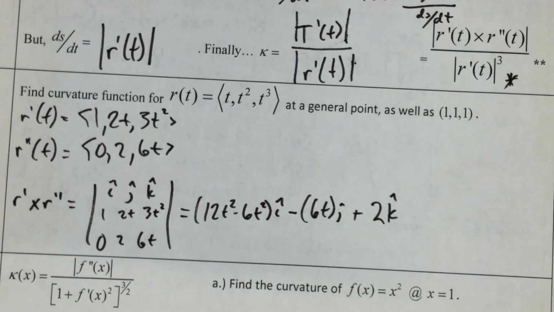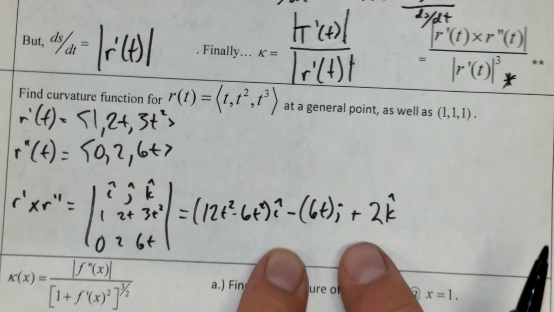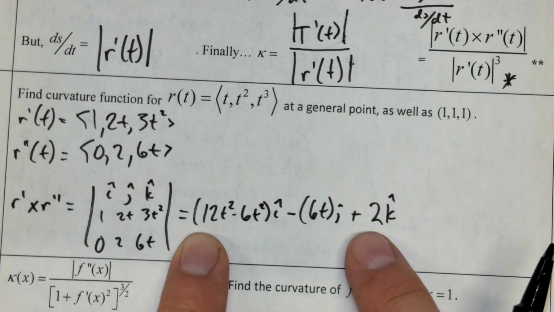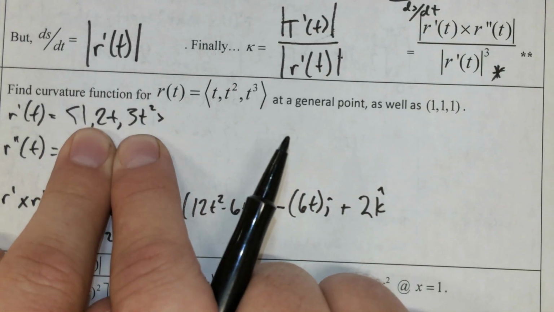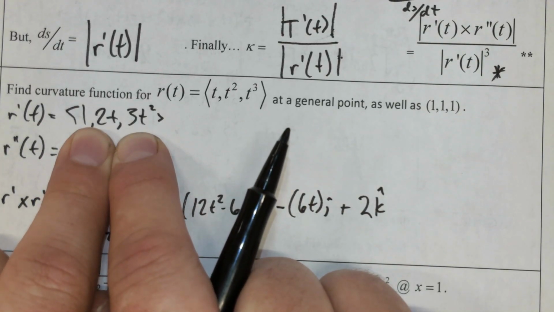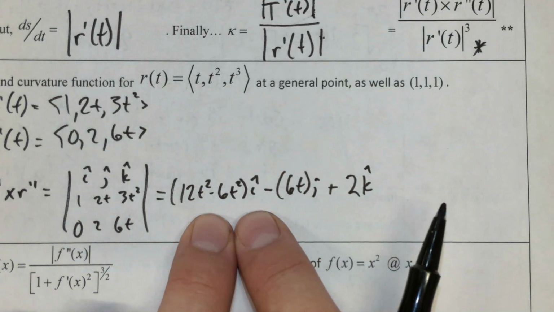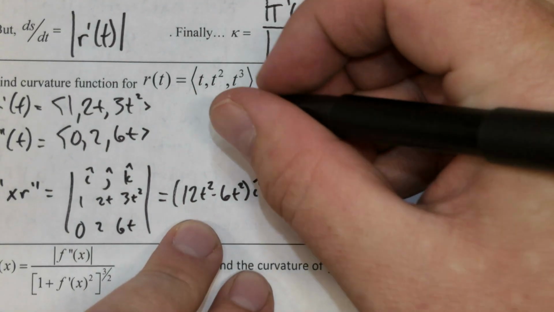Nice and clean. And I'm going to take this magnitude and I'm going to divide it by the magnitude of this thing cubed. This is going to get yucky for a moment. It really is. Let's take this thing's magnitude for the general point.